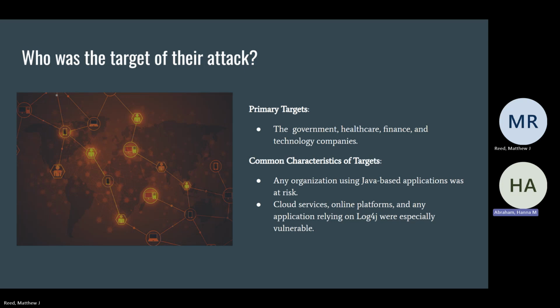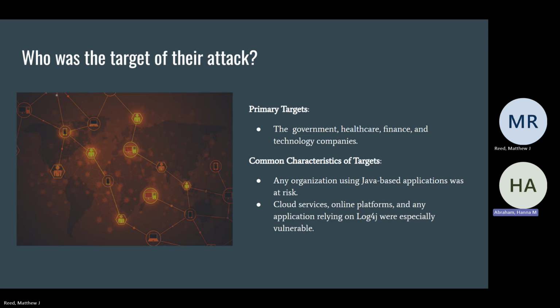So, who was the target of their attack? The vulnerability affected several industries, given the widespread use of the library across several applications and systems. Government agencies, healthcare institutions, financial services, and tech corporations were the most impacted sectors. These businesses rely on Java based applications for many activities, such as data management, processing, and even financial transactions.